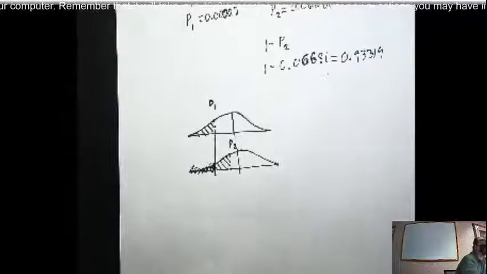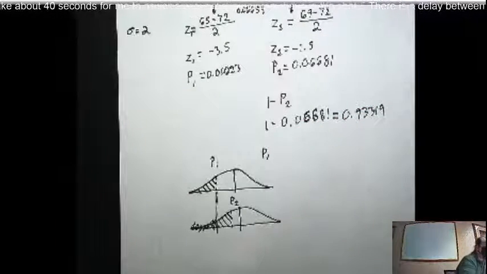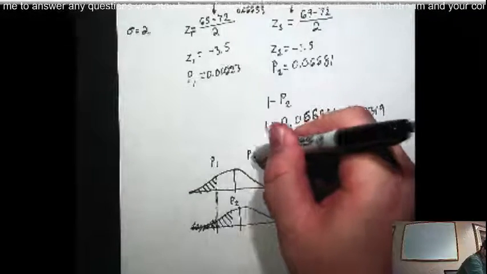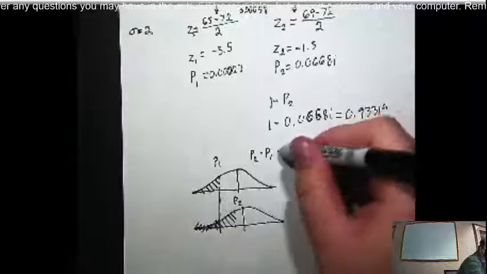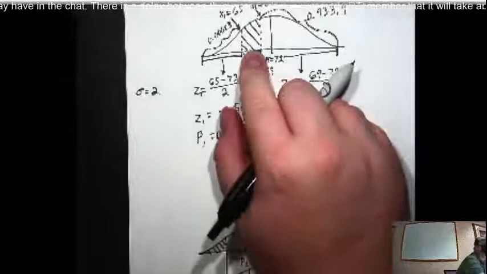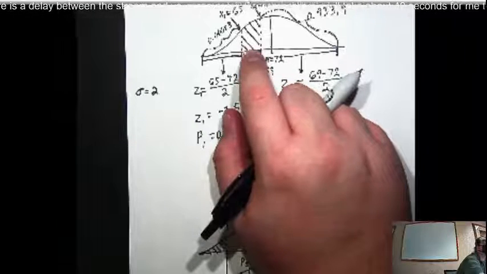So the other way that we can think about this is to get your P1 and subtract it from your P2. And that will give you just the part that they don't overlap on. So this one right here.